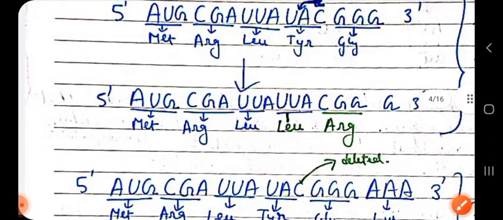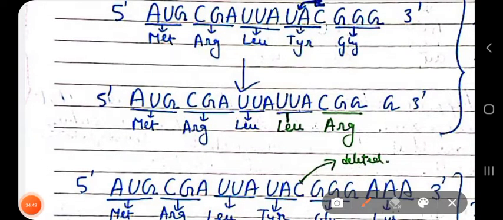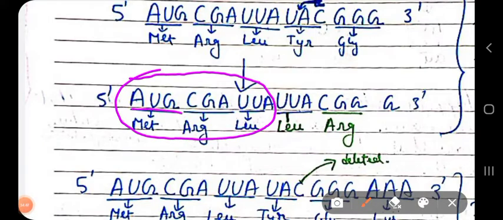You can see that up to this much is okay. AUG codes for methionine, CGA codes for arginine, UUA codes for leucine. But due to the introduction of the U here, the codons get shifted. The remaining nucleotide of the UAC codon, the C, has been shifted to the next codon.